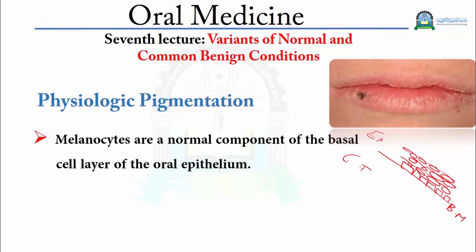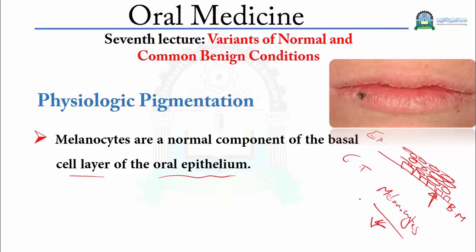At the basal cell layer, there are some type of cells called melanocytes. Melanocytes are normally present cells in the basal cell layer of the oral epithelium, and they secrete melanin.